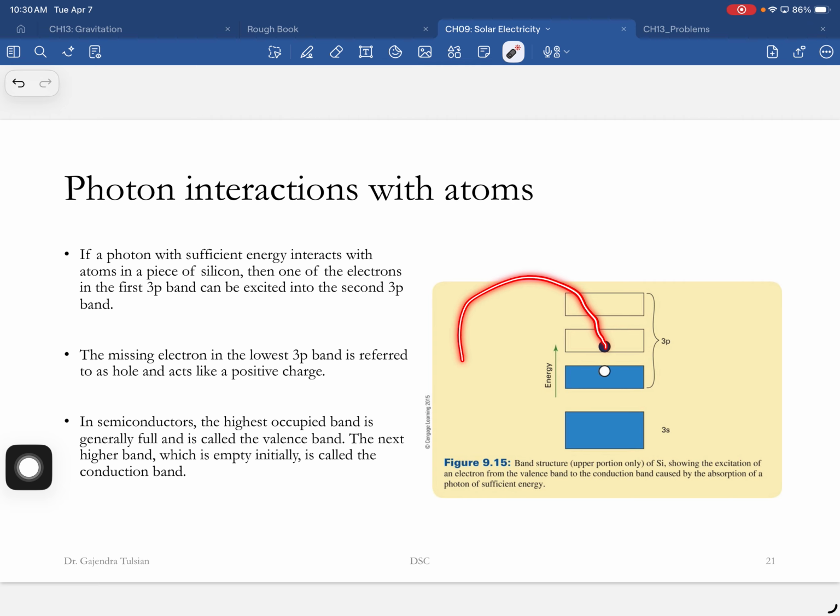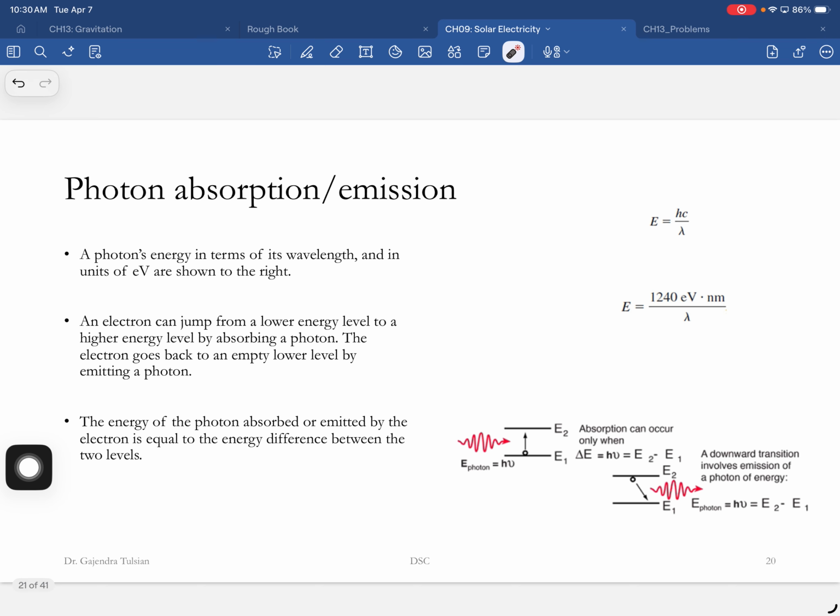The next higher band, which is empty initially, is called the conduction band. When sunlight falls on the photovoltaic cell, the electron is promoted to the conduction band.